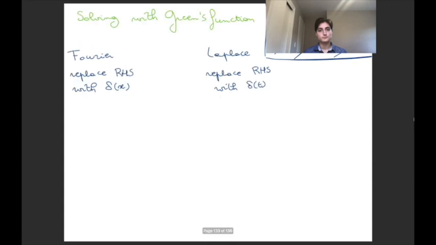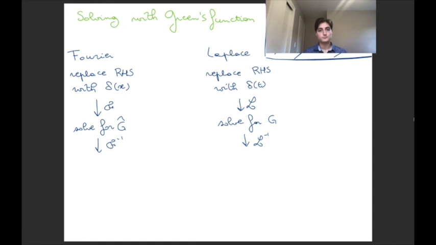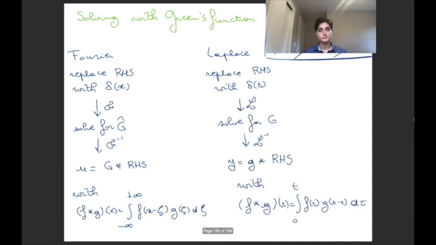And even when we want to solve for the Green's function, what we do is we replace the right-hand side with the delta function. We apply Fourier or Laplace. We solve for g hat or capital G. We invert Fourier or invert Laplace, and we define u as the convolution of g with the right-hand side, or y equals g convolved with the right-hand side.